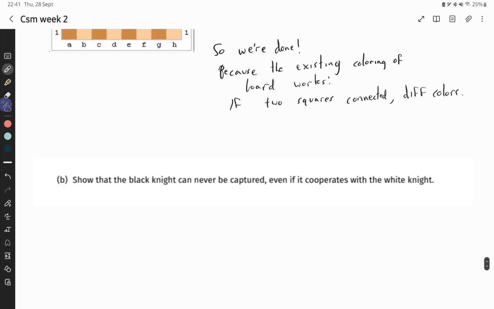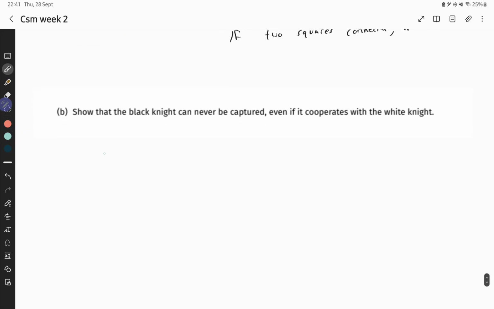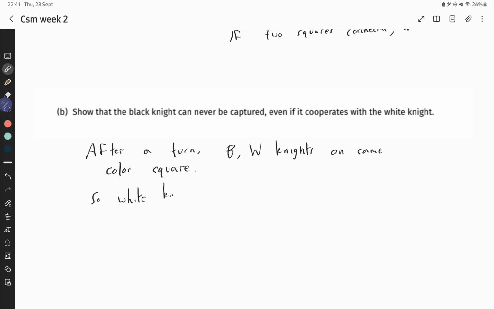So the formal way you would write this up is something like, after a turn, black and white knights are on the same color, so the white knight can't move to the square the black knight is on.